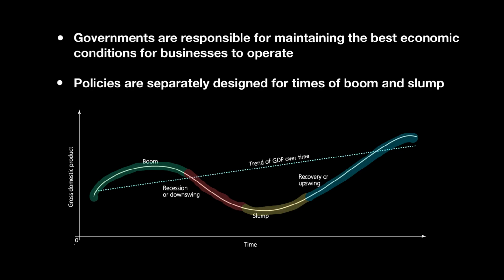In order to do that, they have two policies designed specifically to tackle these changes in the business cycles. Now, we've seen that during a period of boom, this is where the GDP is on the up, and that's what you want as a country. But inevitably, a boom will lead into a recession. So a government will have to step in somewhere at the end of the boom period to make sure that this continues on upwards rather than going down.